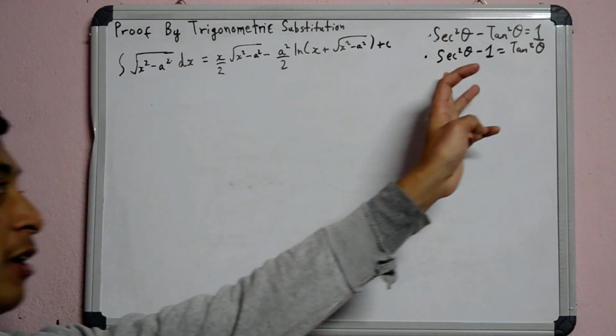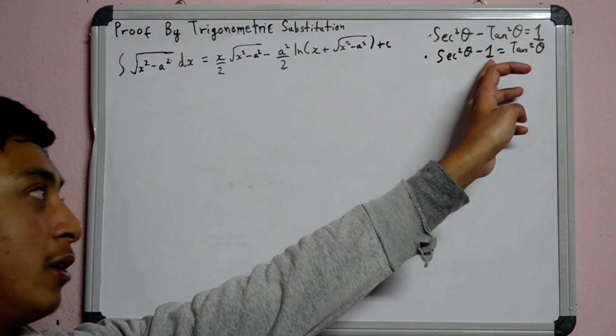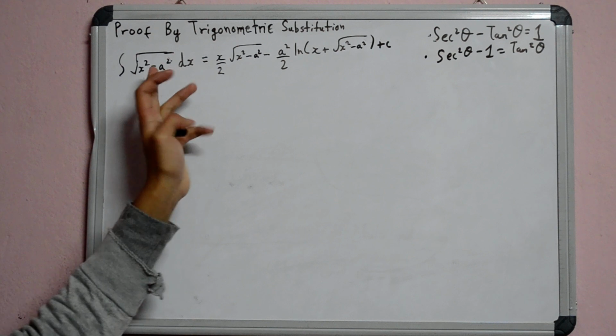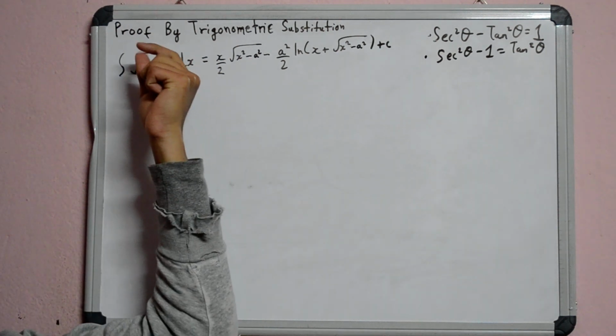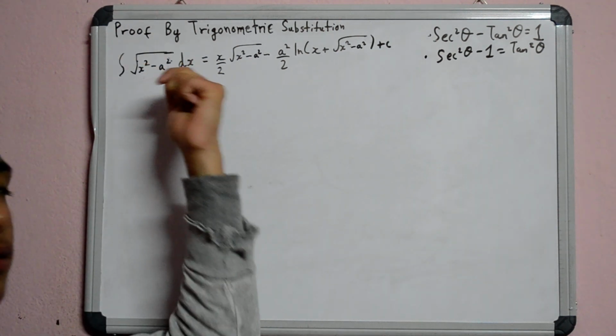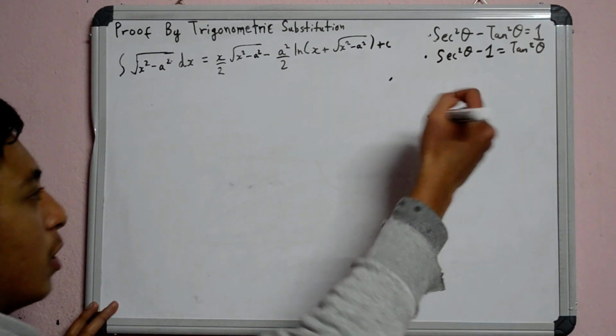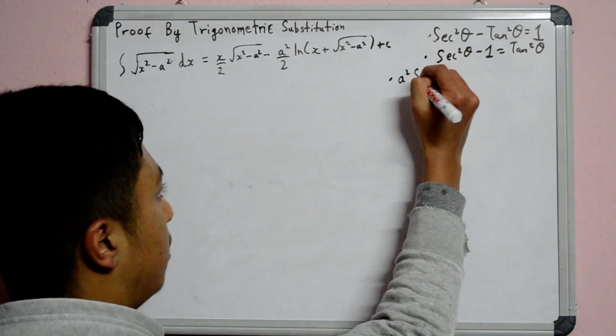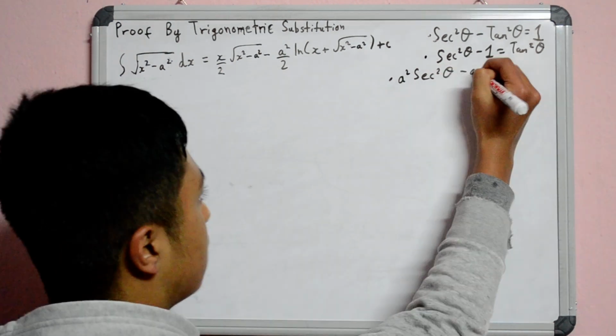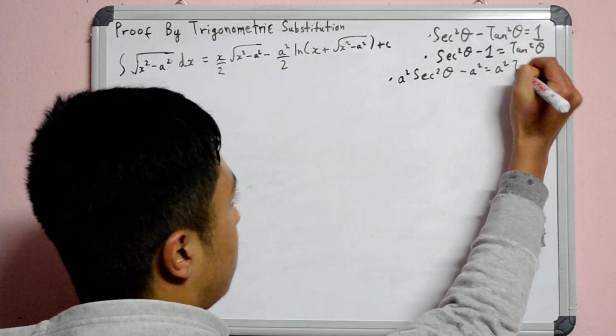Now we get variable square minus a constant square. 1 square is 1. But here we don't have 1, we have a square. So we want a square, so simply multiply a square on both sides. You'll get a square sec square theta minus a square equals a square tan square theta.